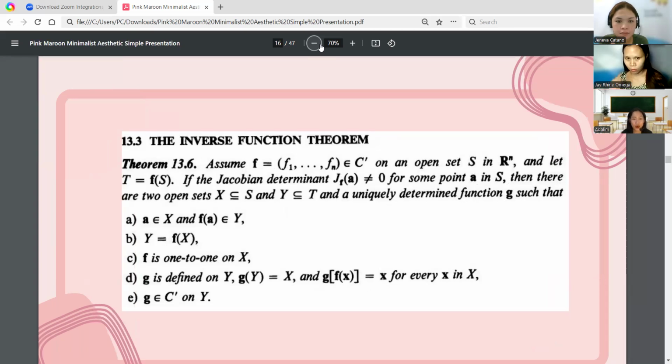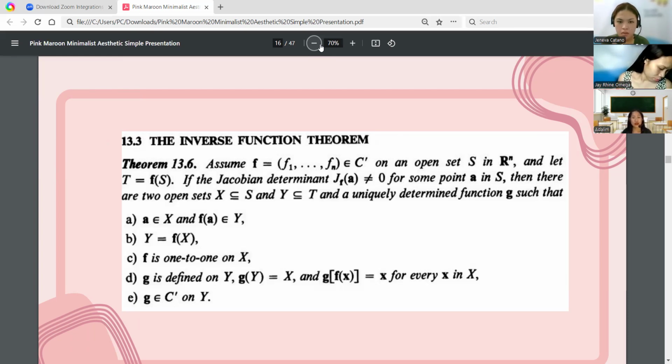Okay, so the next topic is the inverse function theorem. This is theorem 13.6. Assume f equals (f_1, ..., f_n) is continuously differentiable, C', on an open set S in R^n, and let T equal f(S).